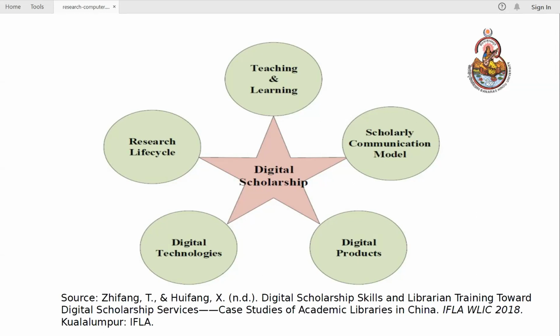And this is the digital scholarship we talked about. Now, there are different stakeholders in digital scholarship. Earlier, normally, it used to be the teacher and the student. There were two stakeholders in a classroom. There is a teacher, there is a student.